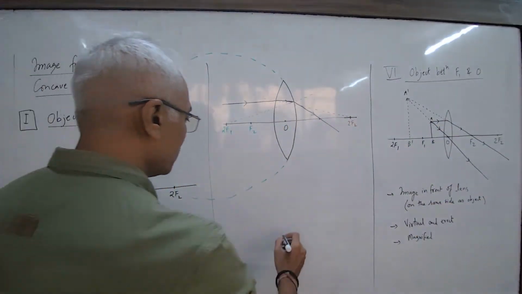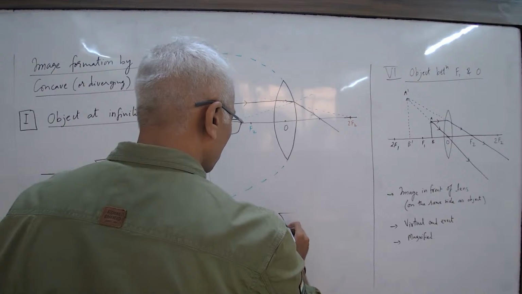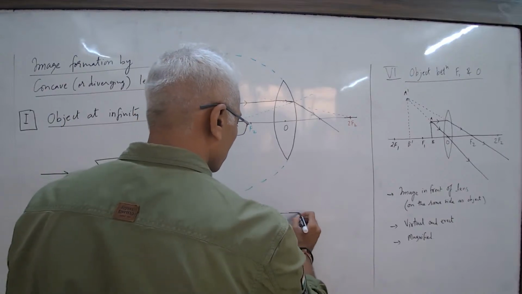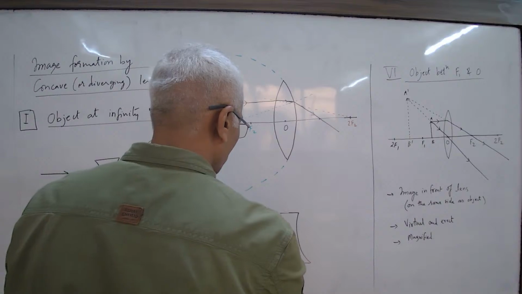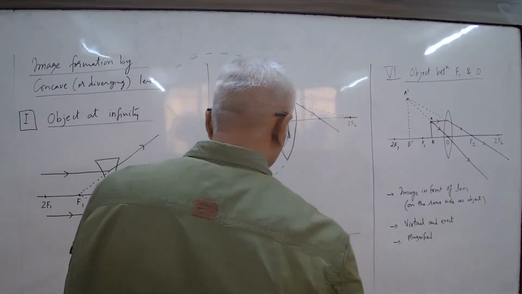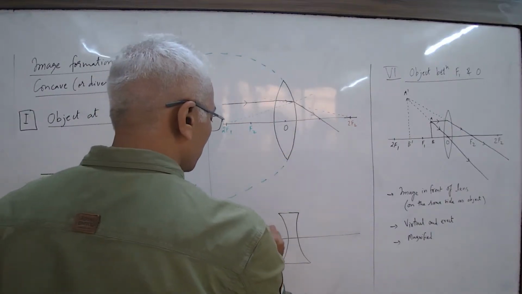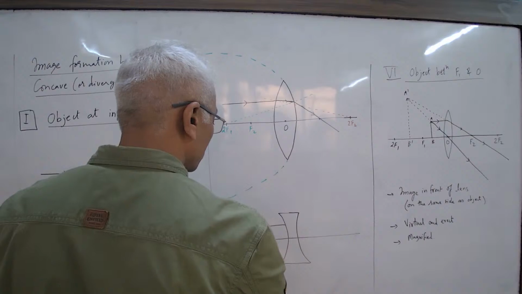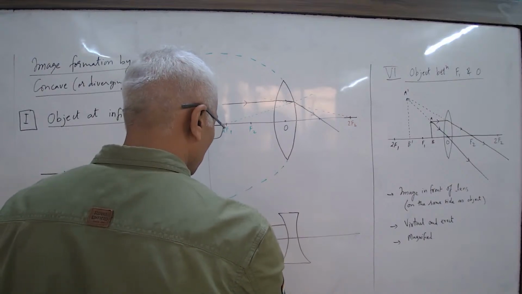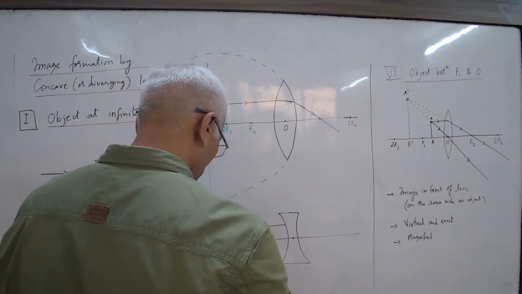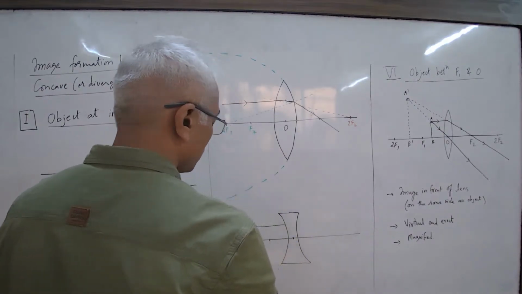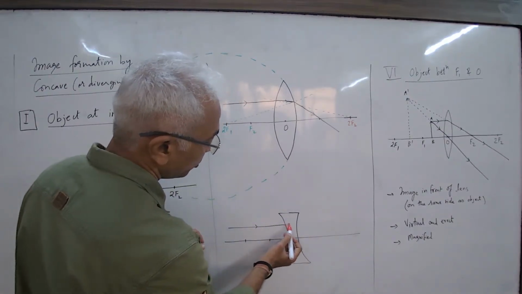likewise, if it is a concave lens, you have to know where the normals are. If the ray is incident parallel, where is the normal in this case? The normal is this line. This is the point of incidence.